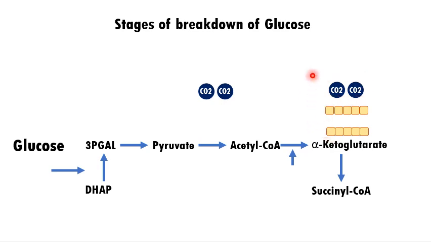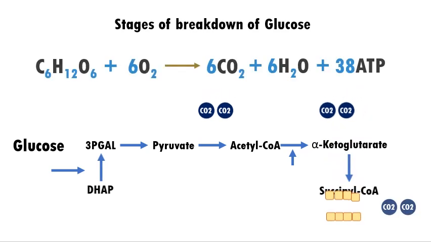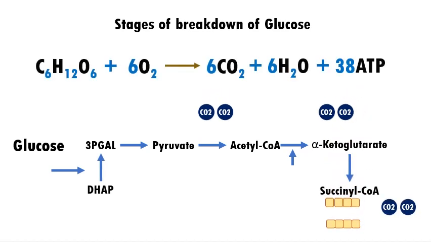In total, it produces 2 carbon dioxides, and it becomes a 5 carbon compound. And in the next immediate step, the alpha ketoglutarate becomes succinyl CoA by releasing 1 more carbon from its molecule in the form of carbon dioxide.